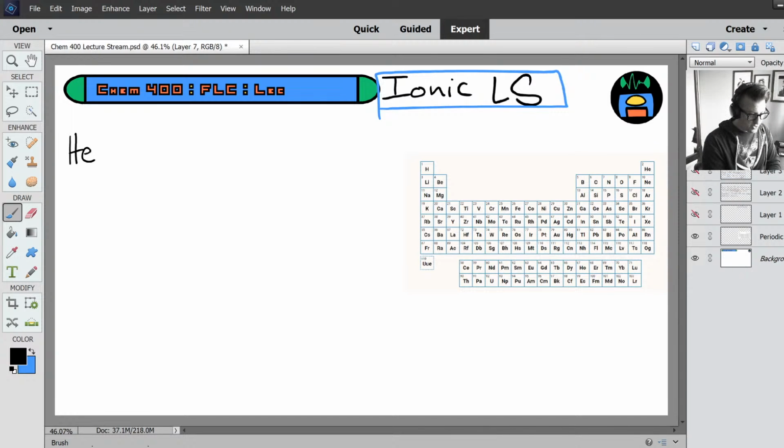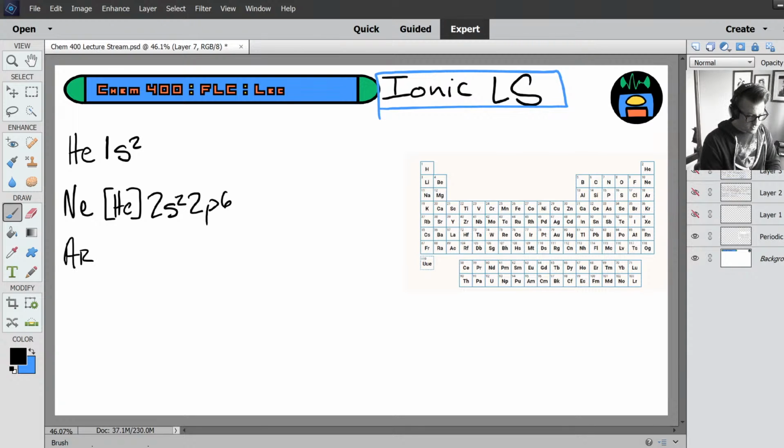Helium's noble gas configuration is 1s2. Neon's is helium core, 2s2, 2p6.